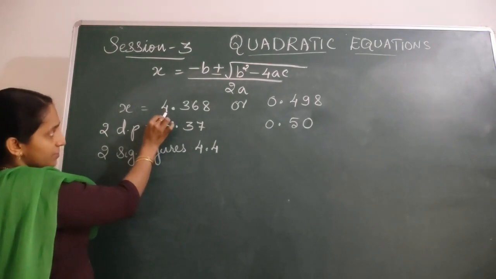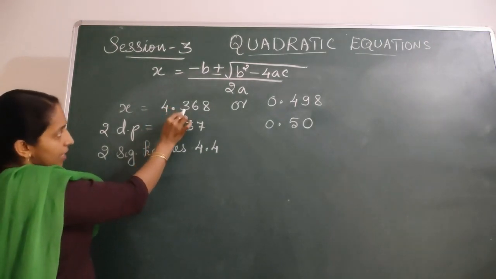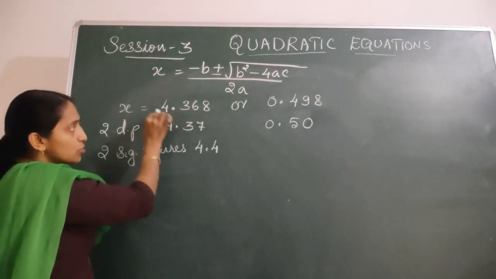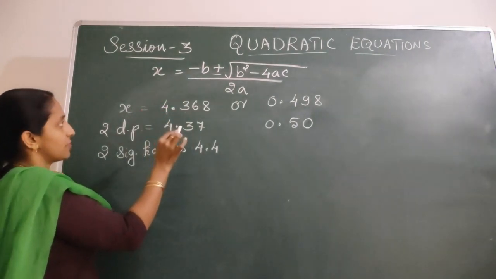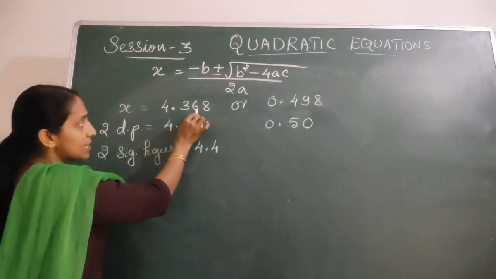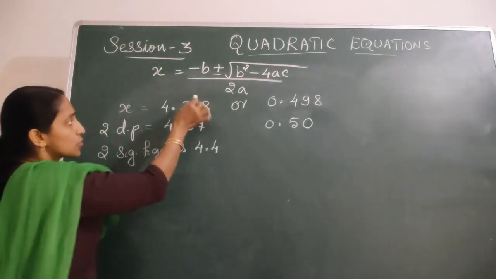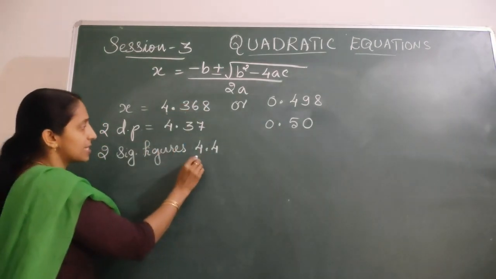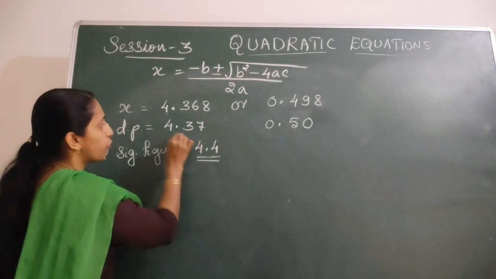So 4 is the first digit, and 3 is the second digit. As we are rounding off into two significant figures, we have to see the third number. The third number is more than 5, so you will increase the second number. So the answer comes as 4.4.